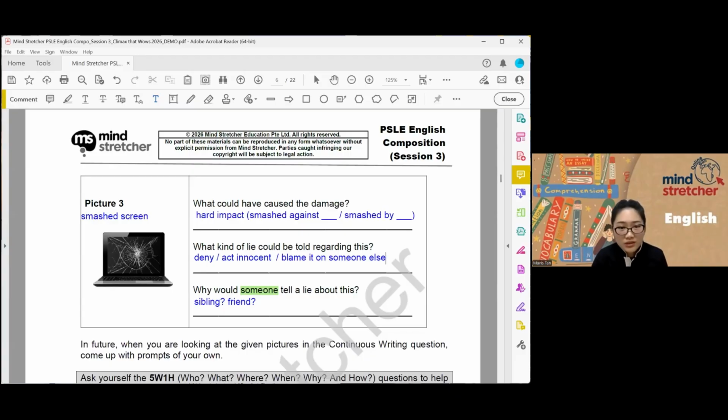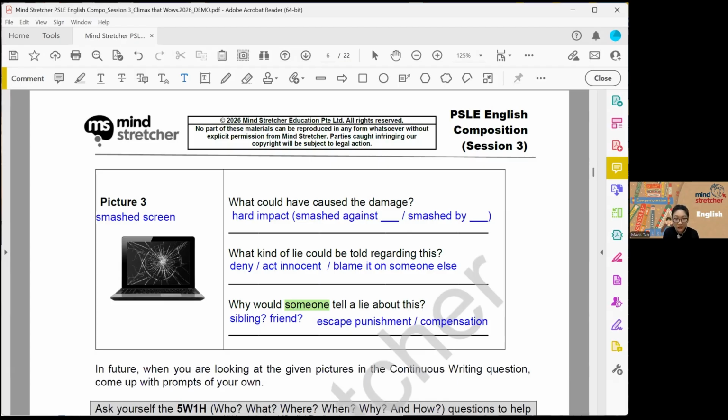Why would someone tell a lie like that? To escape punishment, of course. To escape punishment, to escape compensation. If this took place in a shop, CCTV, employees, they would have seen it and they would make you pay, or your parents pay. And you'll be in trouble, right?